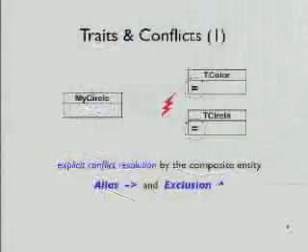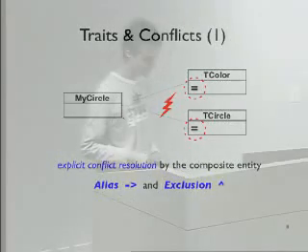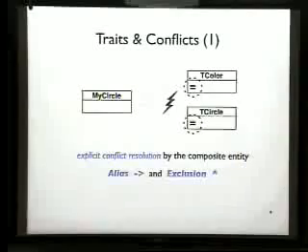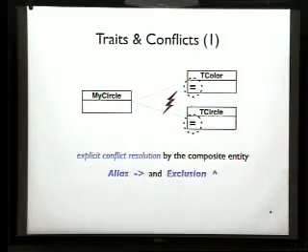Unfortunately, there can be some conflicts when we are using traits in classes. However, they're pretty simple. There's actually only one conflict that can appear. That's when we are using one class that uses two traits defining exactly the same method signature. So we actually don't know which method we would like to have. To come around with that, we have two operations. One is the alias, and the other one is the exclusion operation.